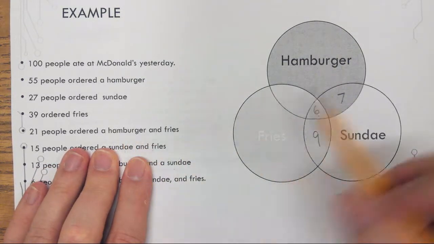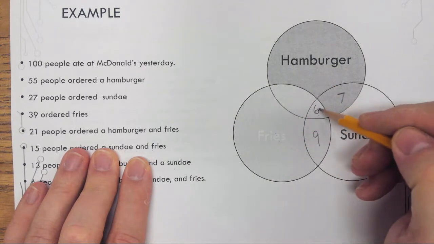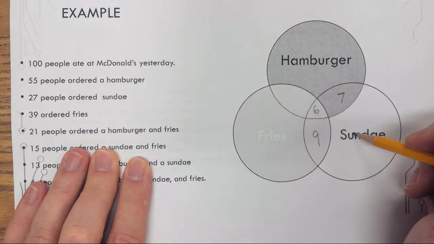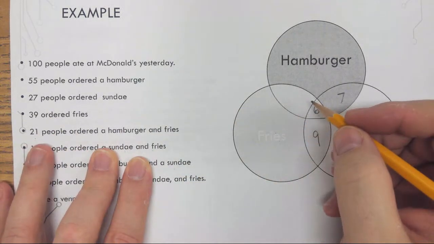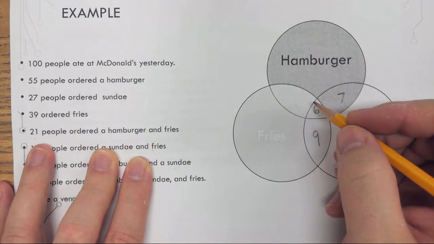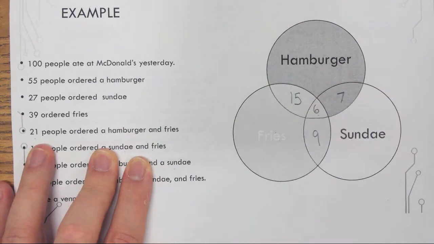21 people ordered a hamburger and fries. Well, 6 of them ordered a sundae with that as well. So I take that from the 21, right? Take that from the 21 and I get 15. Okay. All right.